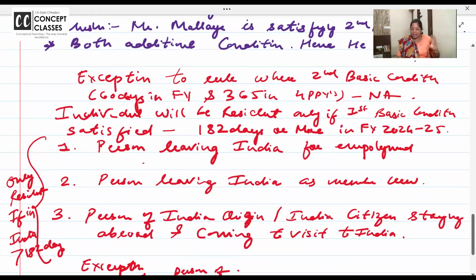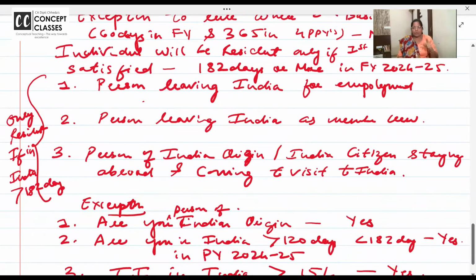देखो. Are you there in India for more than 182 days? Yeah. Normally only you are a resident. Go for additional conditions. Oh, 182 days and more, less you are. Then exception to rule where 60 days condition is not applicable. For whom? Person who is going for employment abroad. Or person leaving India as a member of crew.